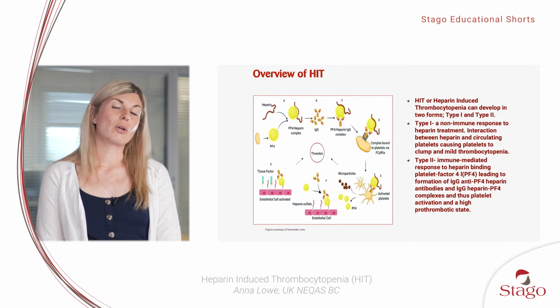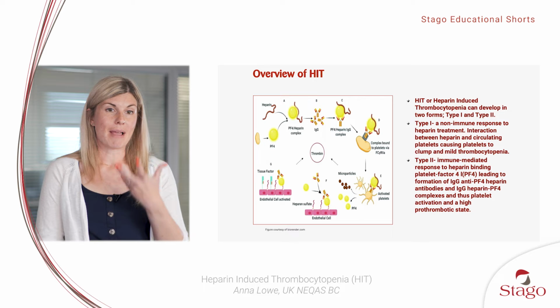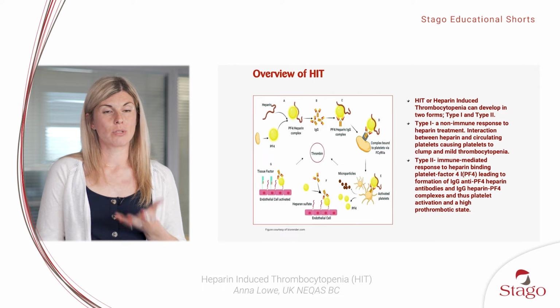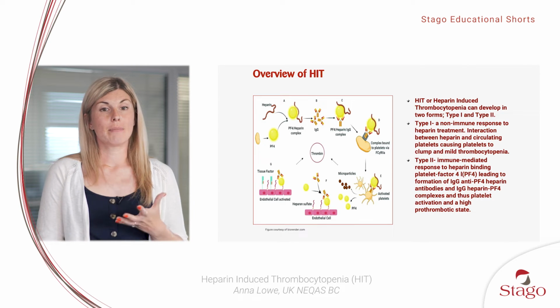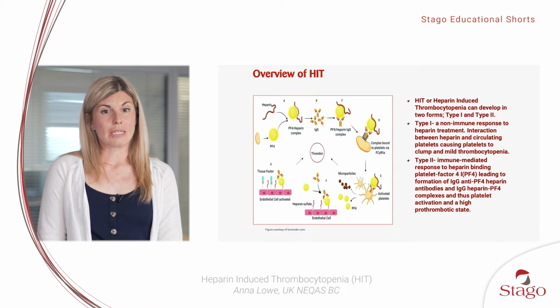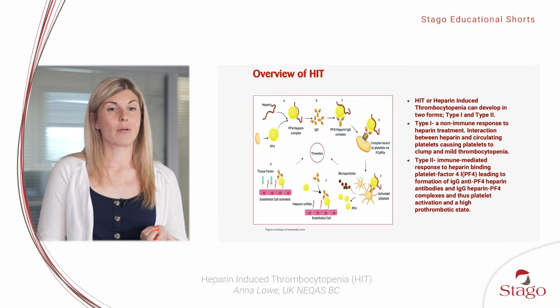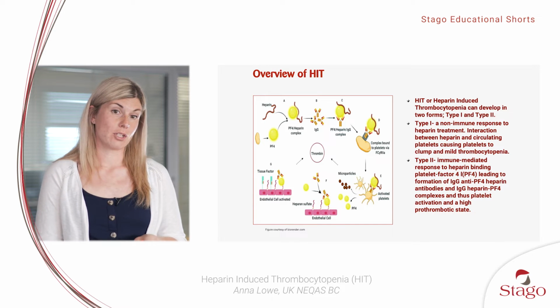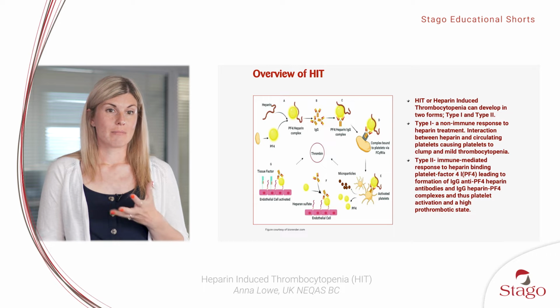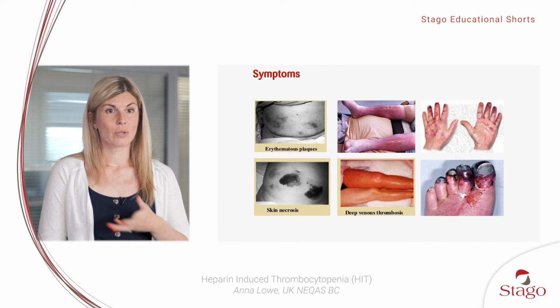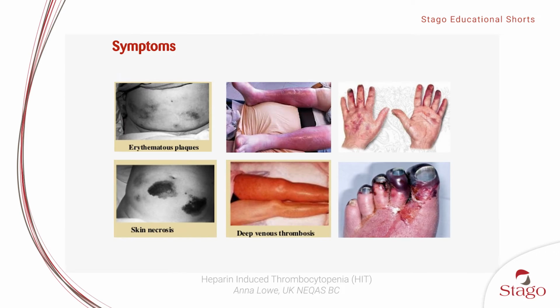Type 2 is a much more aggressive method where it's an immune-mediated response to heparin binding, and the heparin binds to platelet factor 4, leading to formation of IgG anti-PF4 heparin antibodies, and therefore platelet activation and a very high prothrombotic state for the patient. This then leads to the symptoms that you will see, which are those shown on this slide. So we've got arterial gangrene, deep vein thrombosis, skin necrosis, and plaques throughout the body.